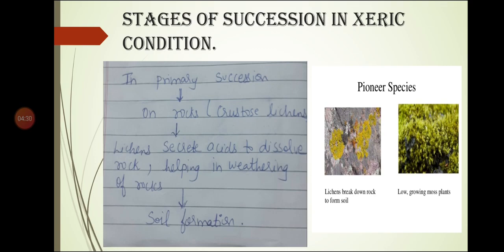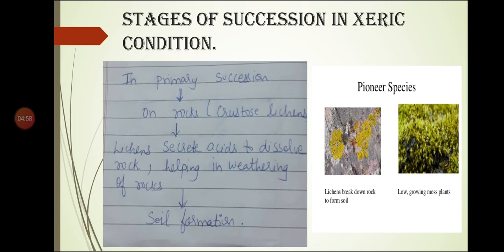Lichens are present on the rocks as the pioneer species. These lichens secrete acids to dissolve the rocks. This process, when lichens secrete acids and the rocks are dissolved, is known as weathering of rocks.